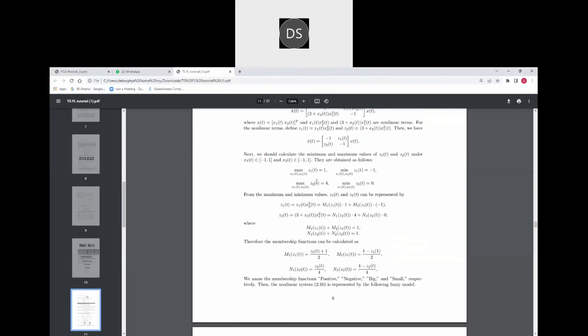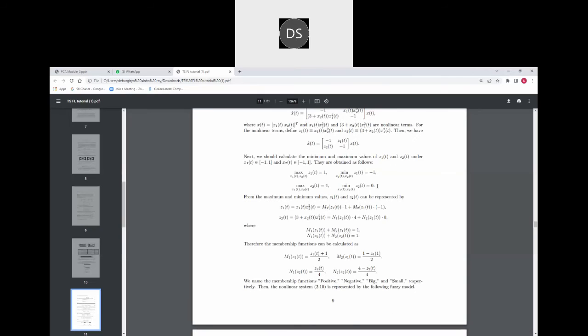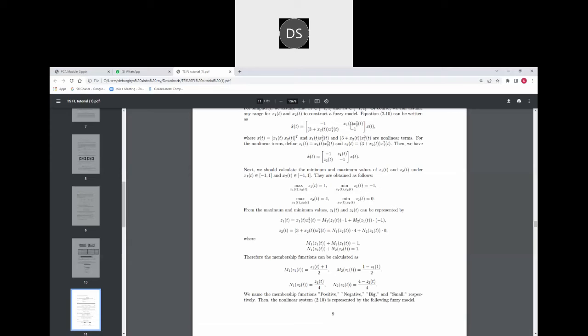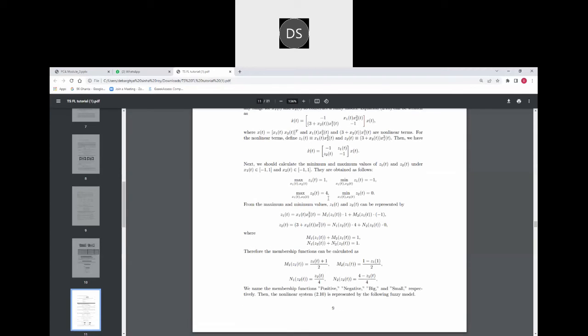Now we will calculate the maximum and minimum values of z1. The maximum value of z1 will be 1, because x1 and x2 whole square, so x2 will be 1 and x1 will be 1, and the minimum of z1 will be -1, as we put the value of x2 whatever and x1 is 1. But the maximum value of z2 is 4 and the minimum value of z2 is 0.